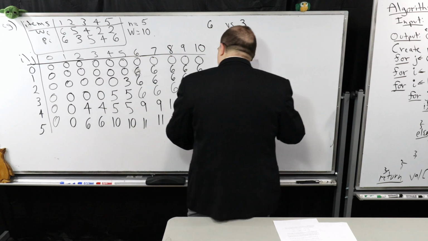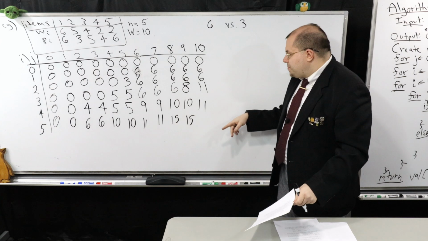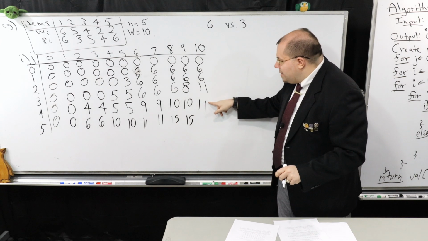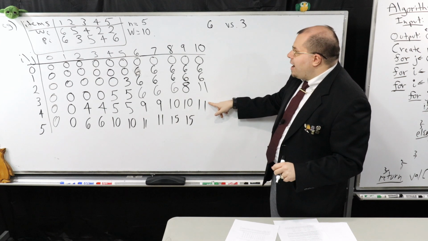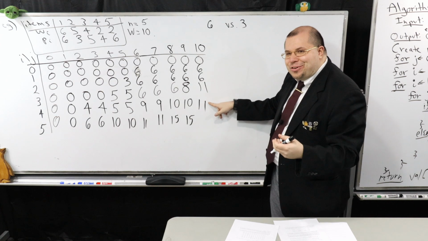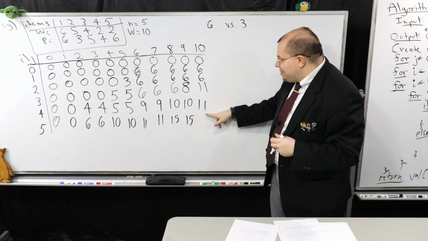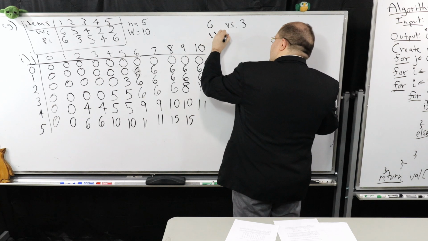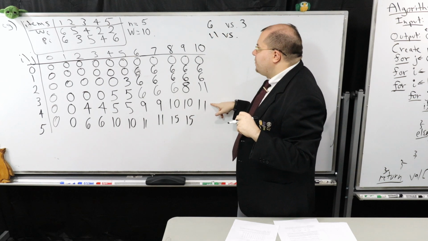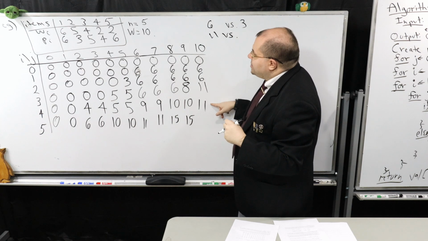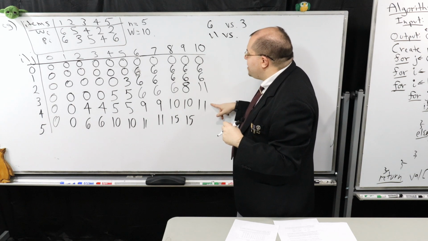Let's fill in the last one together. So my choices are either 11, and I'm considering item 5, right? Its weight is 2. So I have my choices, either 11, versus, okay, we're at column 10. So 10 minus 2 is 8.